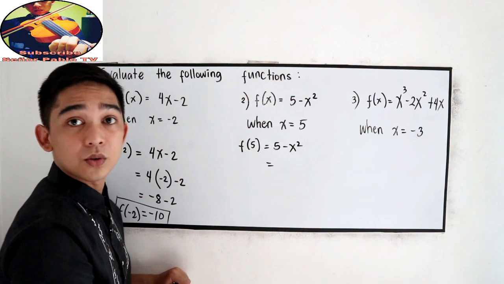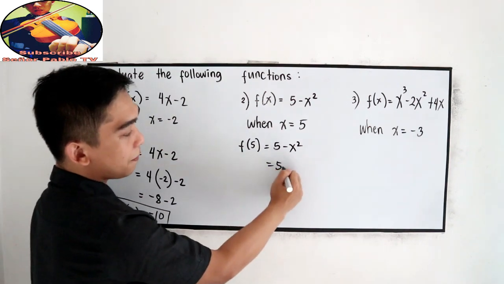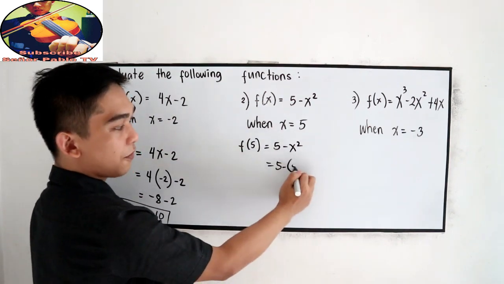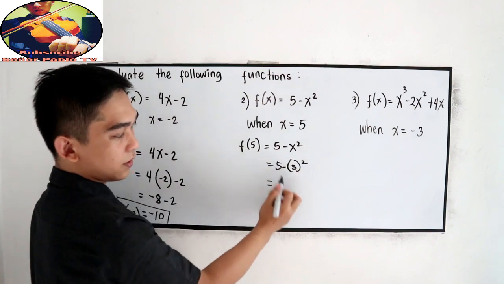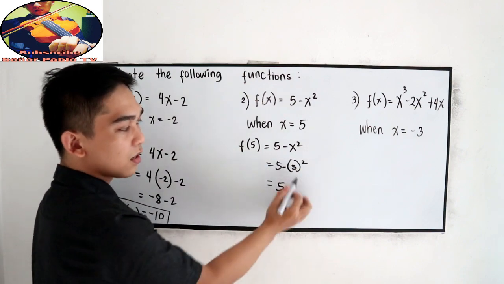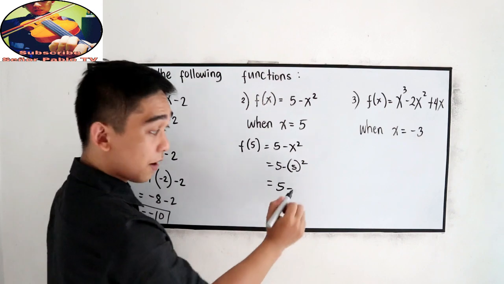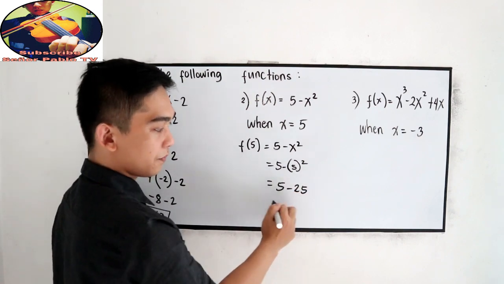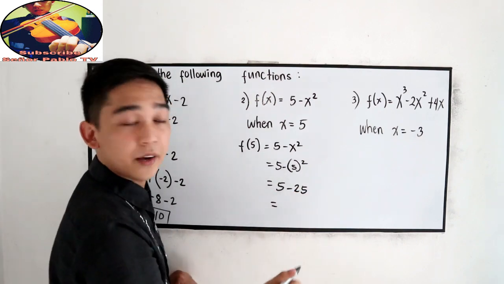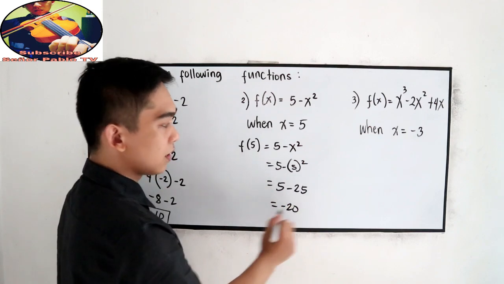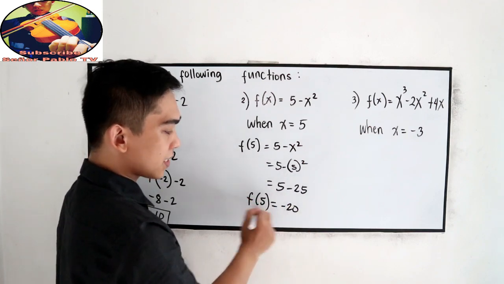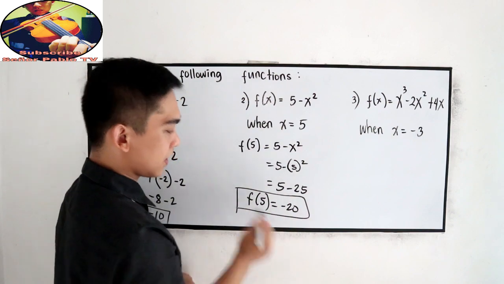Now let us substitute. 5 minus 5 squared. So 5 minus 5 squared, that is 5 times 5, which is 25. 5 minus 25, negative 20. So f of 5 is equal to negative 20.